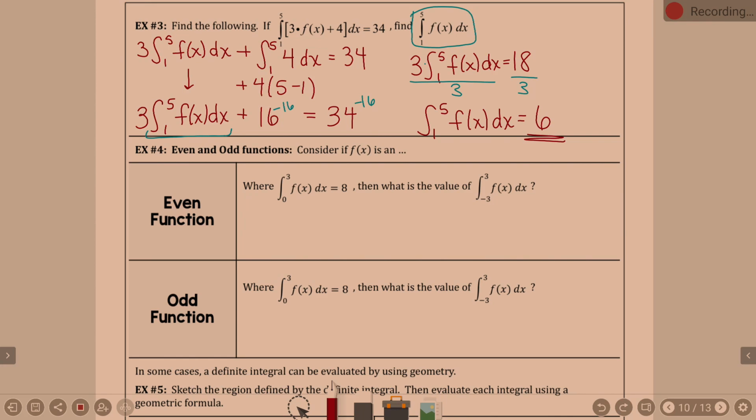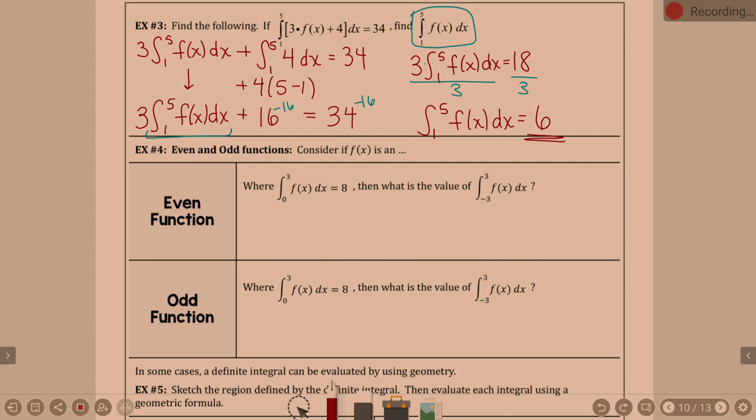Even and odd functions. I don't know how much you remember about even and odd functions. We learned them back in pre-calc, and we've talked about them on and off since. Consider if f of x is an even function.